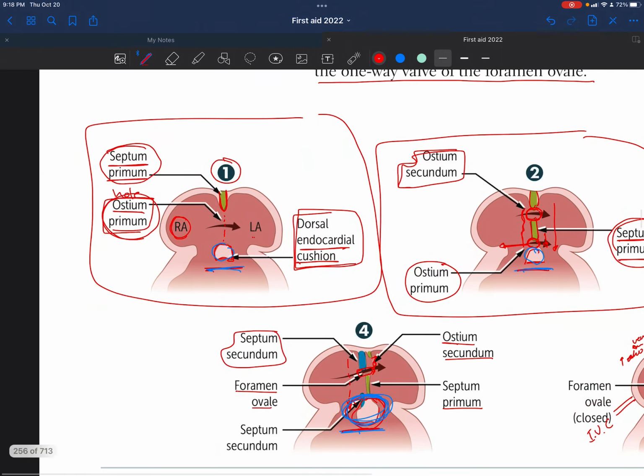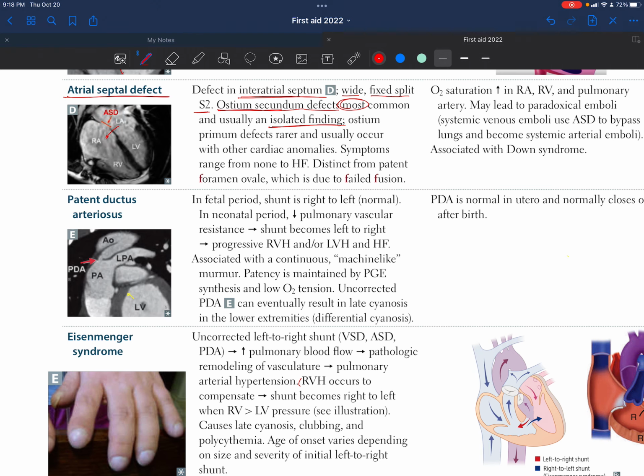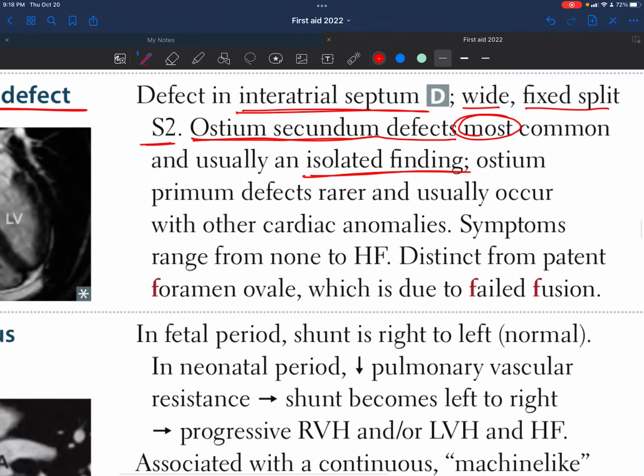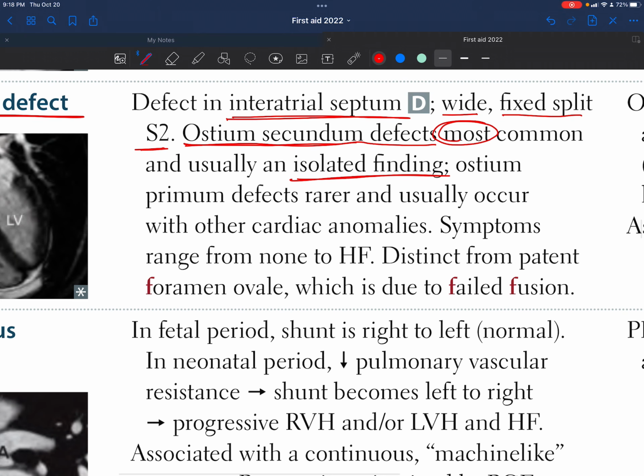If we go back, there you go. So the ostium secundum, that means the secondary hole, the hole that was created in the septum secundum, is the most common cause, and usually it is an isolated finding.